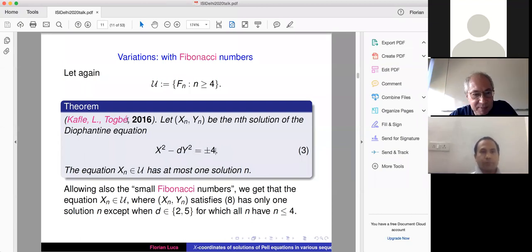This is a result obtained with Bir Kafle and Alain Togbe, that if we look at Fibonacci numbers starting with at least f sub 4, f sub 5, and so on, then this equation has at most one solution, has at most one x with the property that it is a Fibonacci number with index at least 4. And if you allow small Fibonacci numbers in the game, you get a couple of exceptions, like d equal 2 and 5.